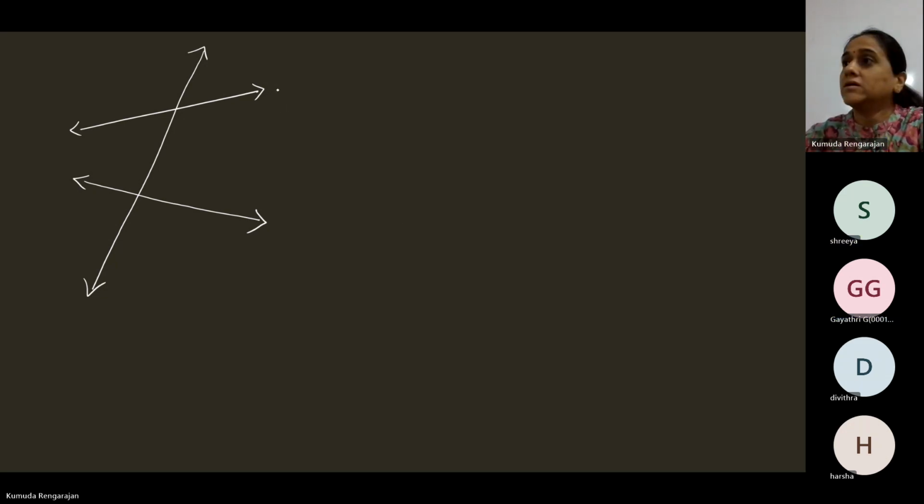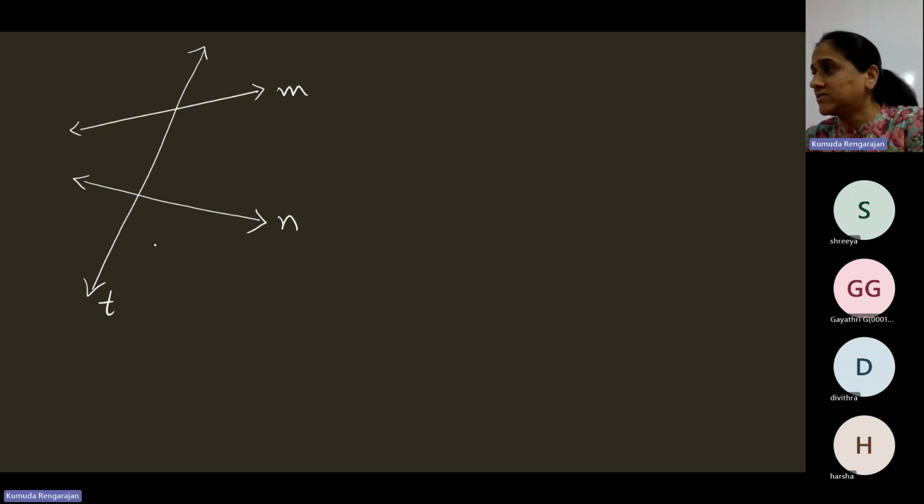Here we have transversal T intersecting two lines, not parallel lines, two lines M and N. When a transversal intersects two lines, 8 angles are formed around the transversal.